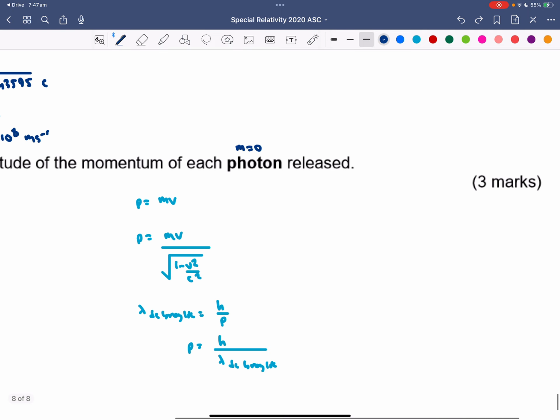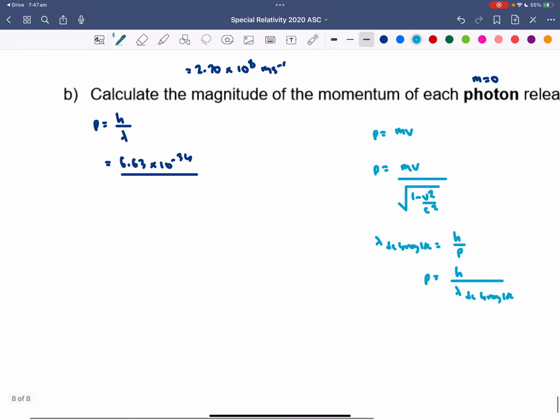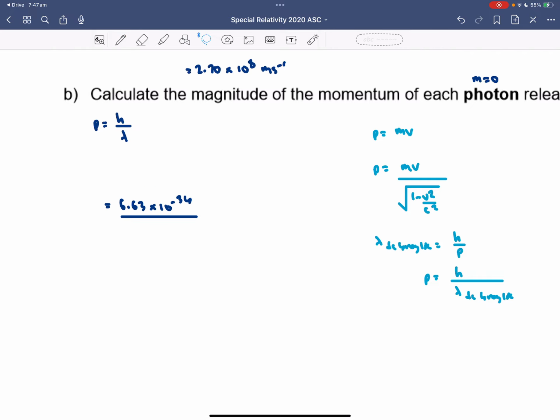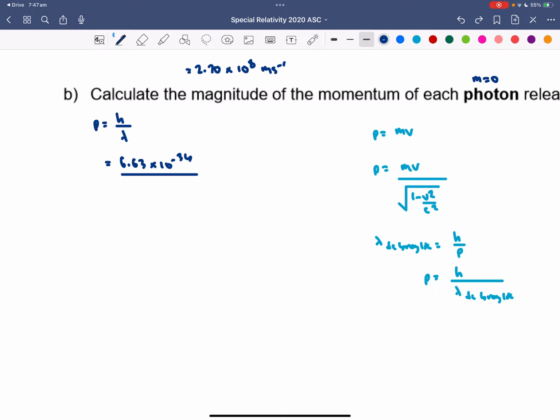If you're specifically referring to the speed of light, c is lambda f. So rearranging, the wavelength is c on f.